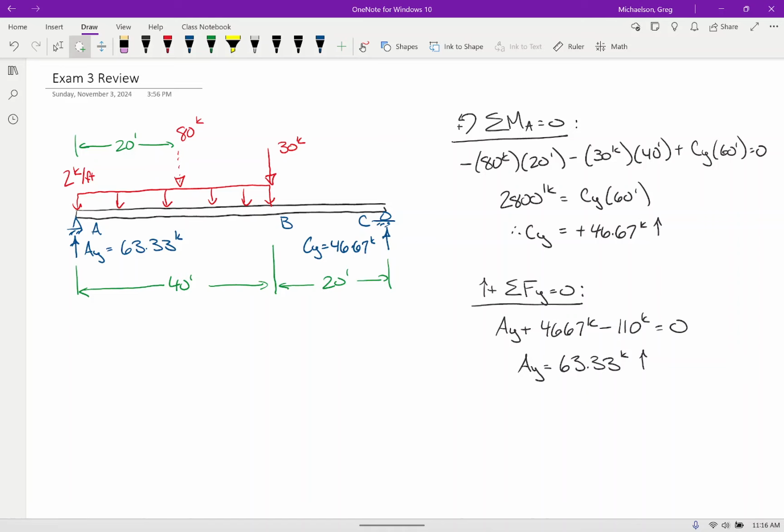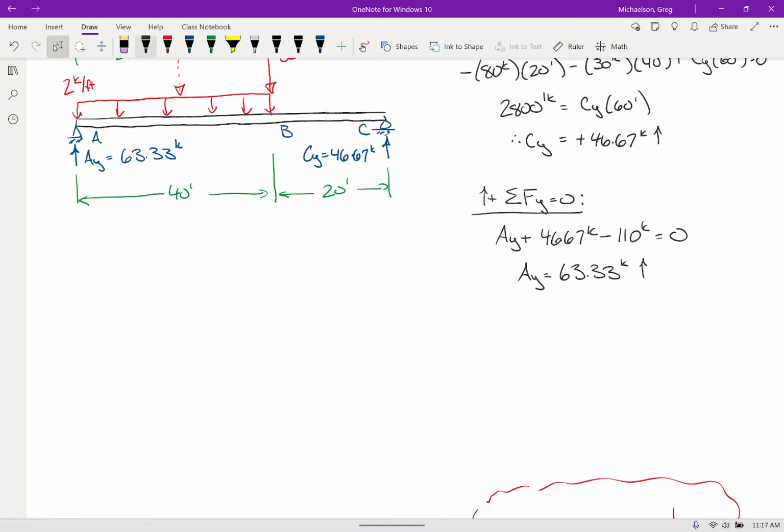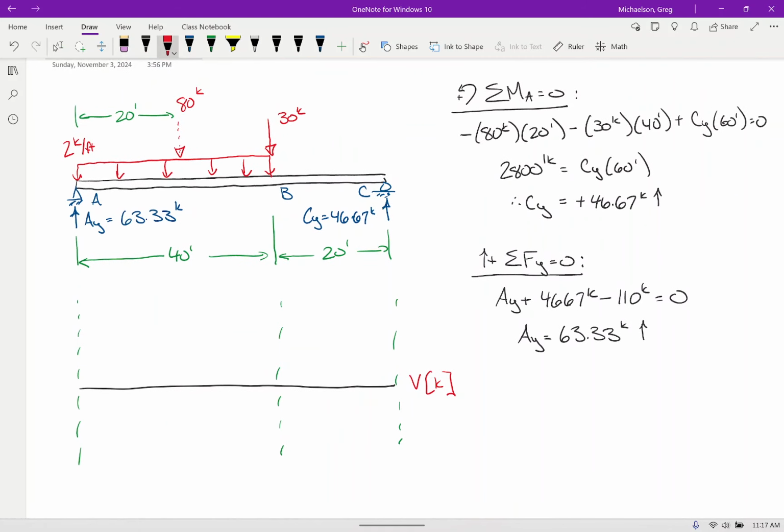Okay, everybody with me on this? Okay, so we're going to do the shear diagram first. We start at 0 and go back to 0, hopefully.